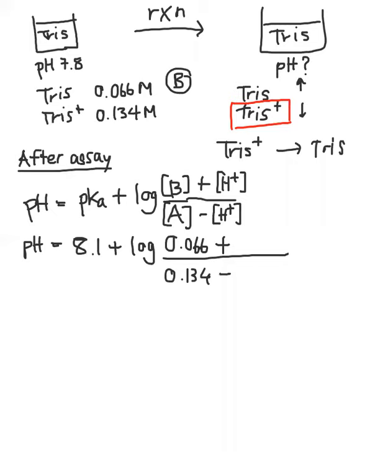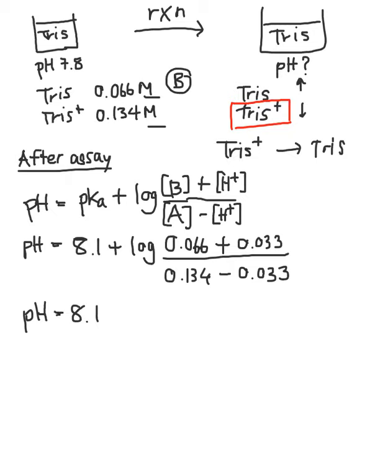The proton that was consumed is 0.033 molar. Before the plug-in, make sure that you have the same unit here, all of them molar. Okay, so your final pH, when you calculate this, you get 8.1.